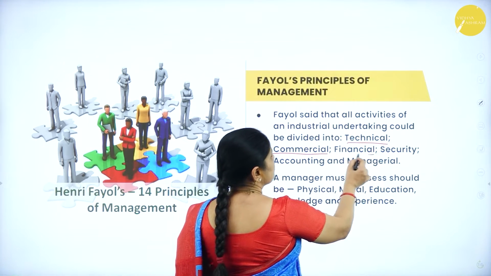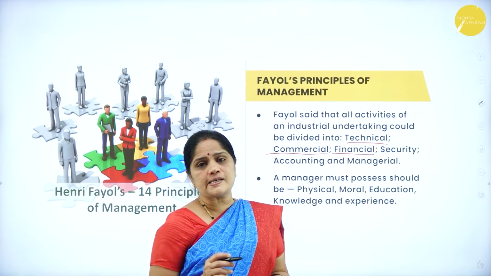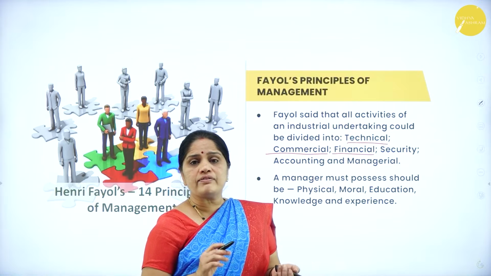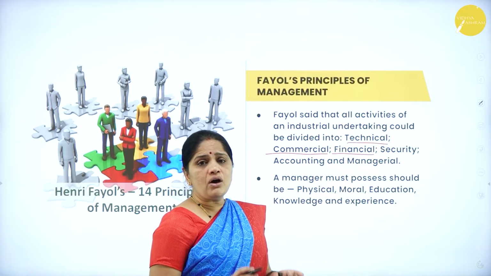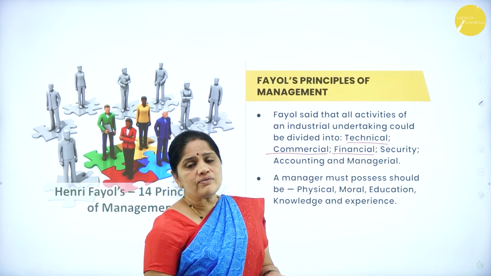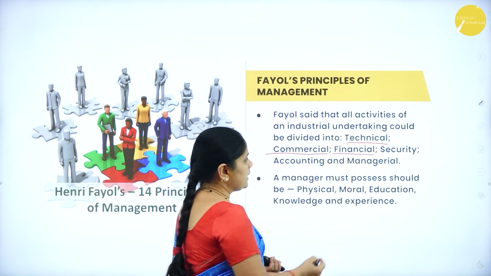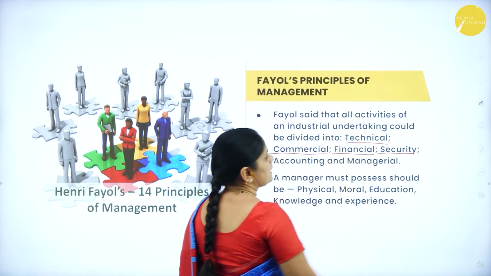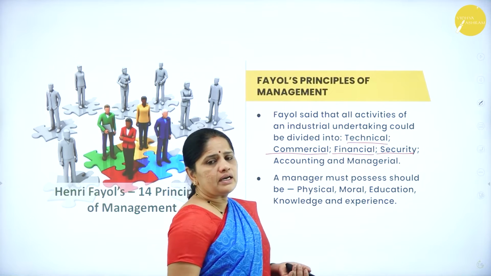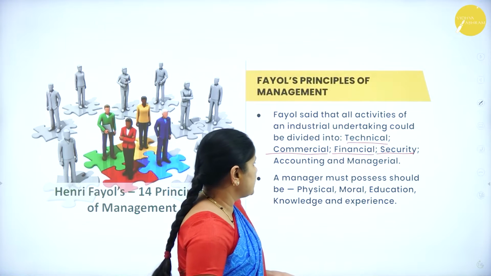Then financial. Finance is the most important aspect of any organization, or we can also say that finance is the lifeblood of any organization. Without finance, no business can run. Finance is needed for the day-to-day activities of the business. Then, security. Security relates to job security, or it may be the security of the industry itself.